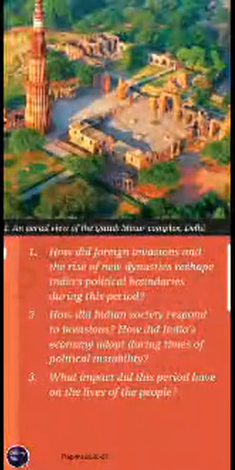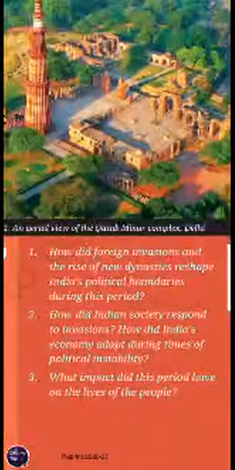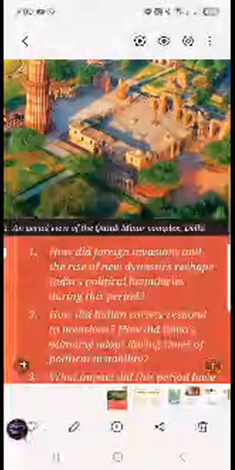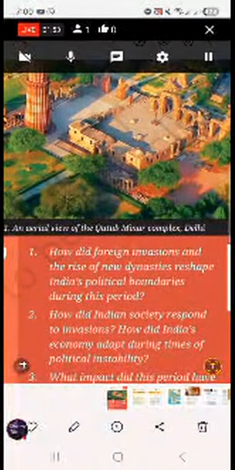We have to zoom only, so don't worry. Picture quality is very low. I'm changing it, one minute.